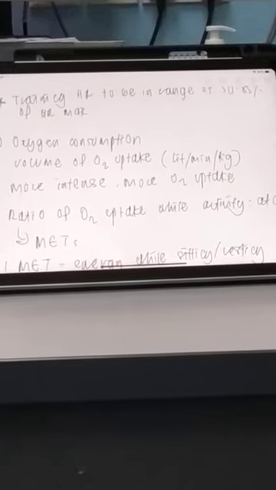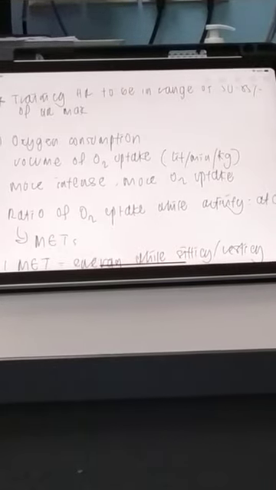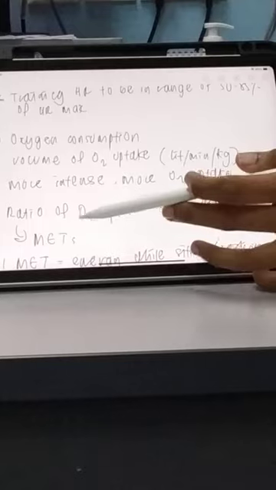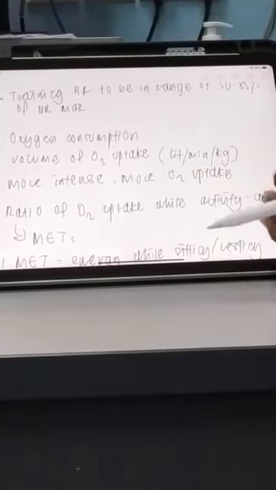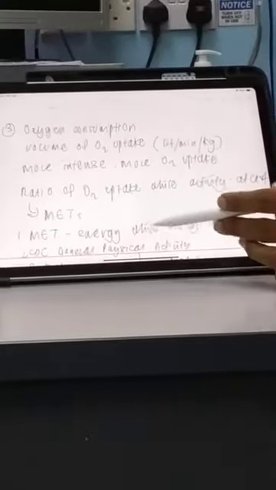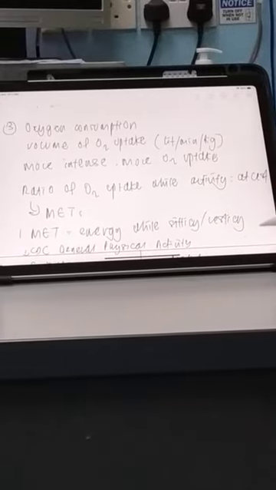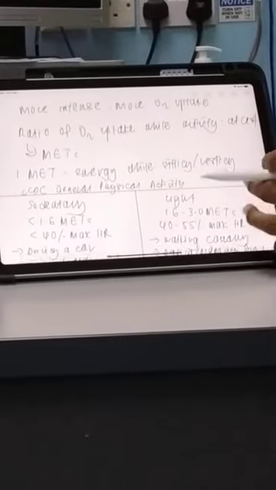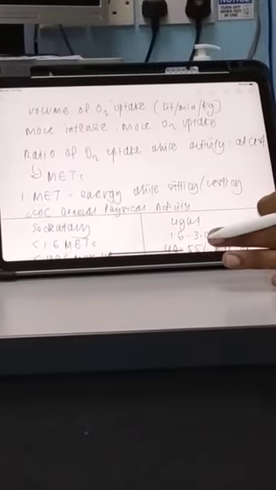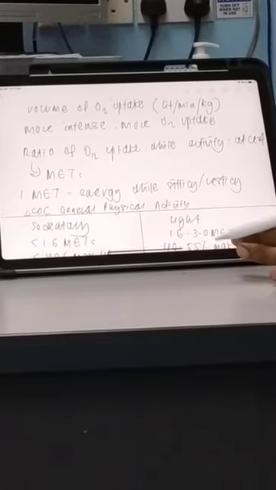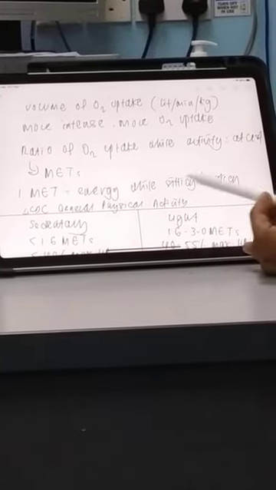The ratio of oxygen uptake during activity to the oxygen uptake at rest is what we call the metabolic equivalent. So 1 MET is equivalent to the energy used while sitting or resting. Let's say a person is doing exercise that is considered 3 METs. It means we compare it with the energy used while sitting.